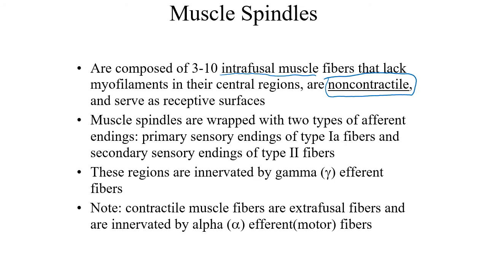And so our muscle spindle fibers have information that is being sent back to the cord via what we call type 1A fibers and then type 2 fibers. And so we have primary sensory nerve endings for type 1 and secondary for type 2. This information, in terms of the area, is innervated by gamma efferents, and that information is allowing us to innervate the muscle fibers themselves.